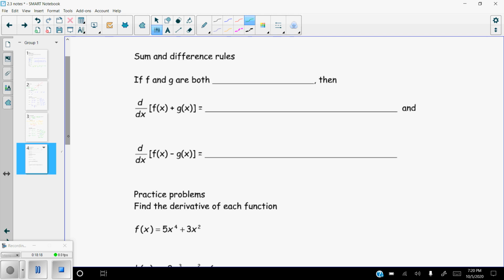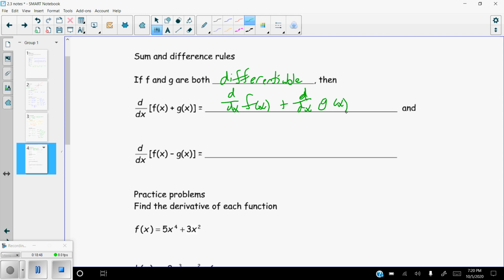So we have the sum and difference rules. If f and g are both differentiable, again, meaning that the derivative exists and you can take the derivative, then you can write the derivative of two functions being added together and separate them. So I can do the derivative of f of x plus the derivative of g of x.